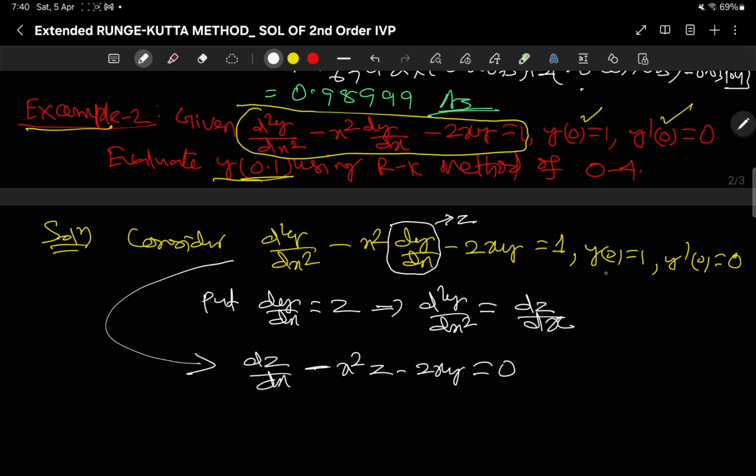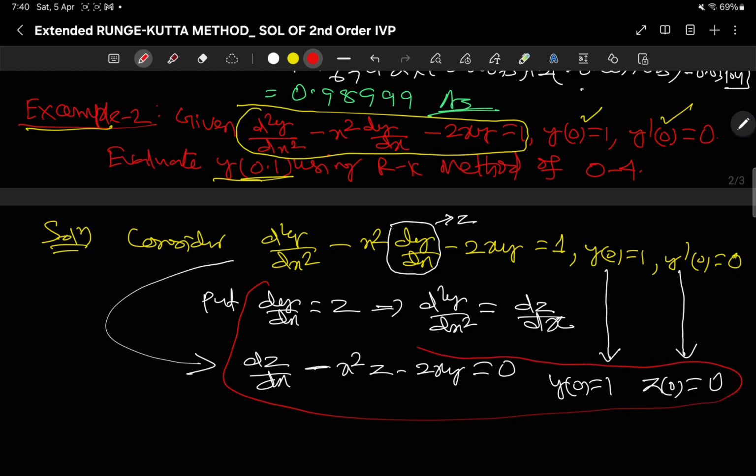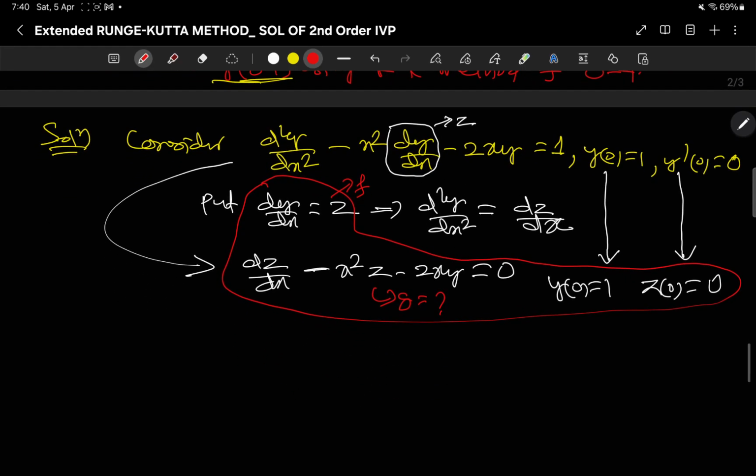At the same time there will be no change in y0 is equal to 1, and this y dash becomes my z, z0 is equal to 0. So now I have these two equations, this is my system of equations. This is my f and accordingly I find what is my g. Okay, so let us find that.